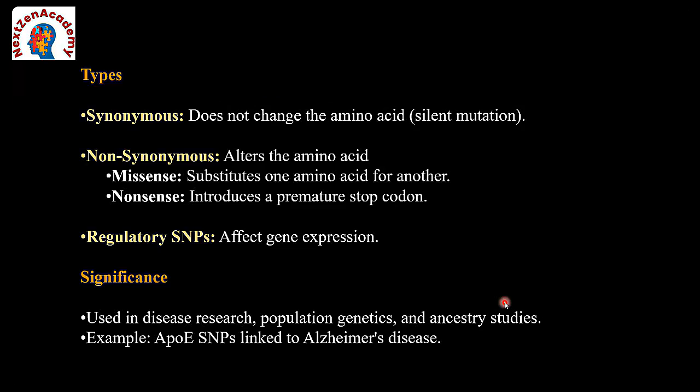This is another image showing how insertion and deletion take place. There are types of variation. One is synonymous variation. Synonymous variation means the amino acid of the particular variation does not change.